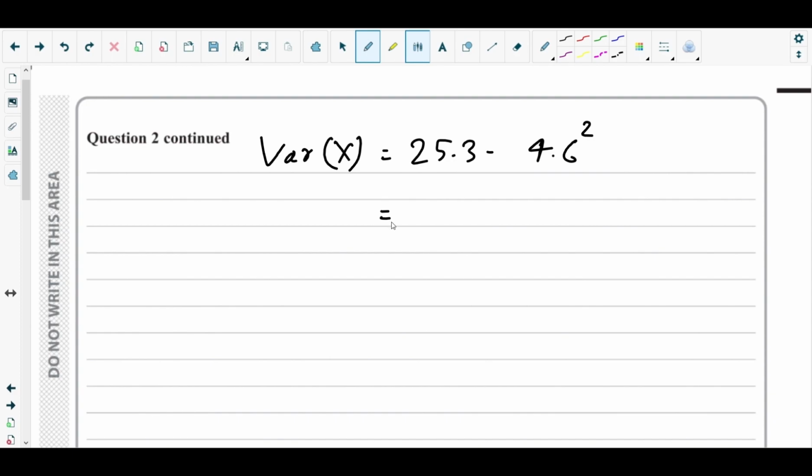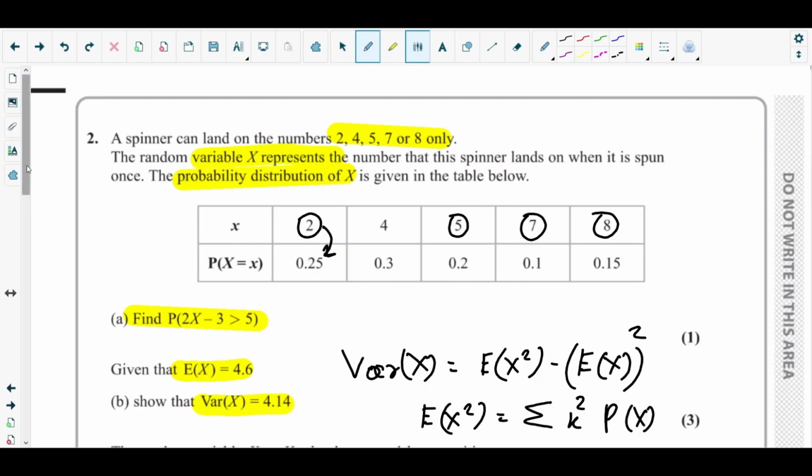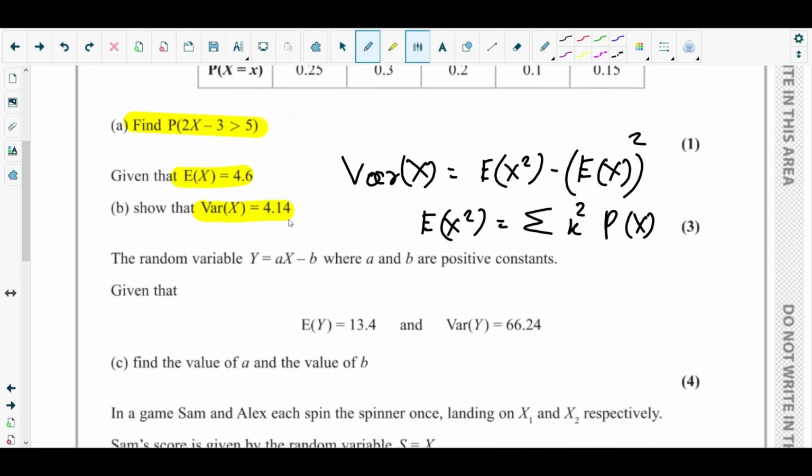This is basically 4.14. So the variance is 4.14. Done. We got the variance 4.14 as asked by the question.